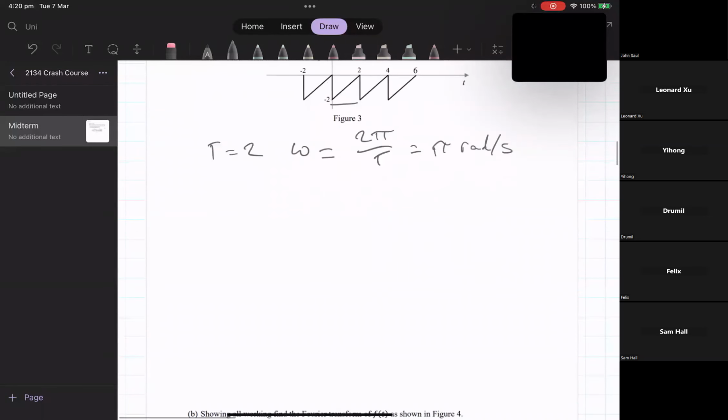Okay, and I'll just quickly go over the formula. A naught is equal to 1 on the period, integral from 0 to period of f(t) dt.